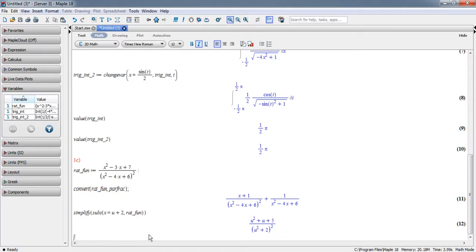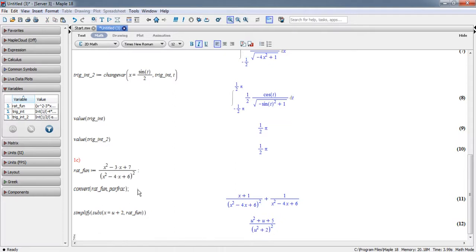Okay, so what I did is, the reason I picked u plus 2 is because I knew that if x is equal to u plus 2, that means that u is equal to x minus 2. And having completed the square in this problem in the past, I know that that's exactly what will complete this square, and it'll reduce x squared minus 4x plus 6 down to an irreducible quadratic form, where I can see u is just squared, and it's u squared plus a squared.